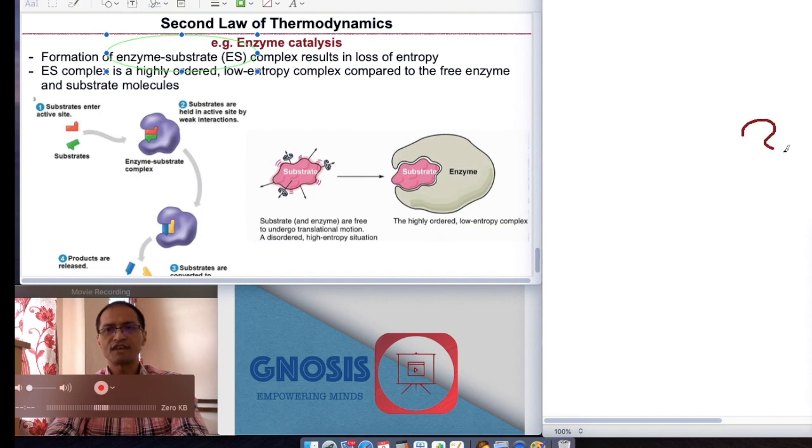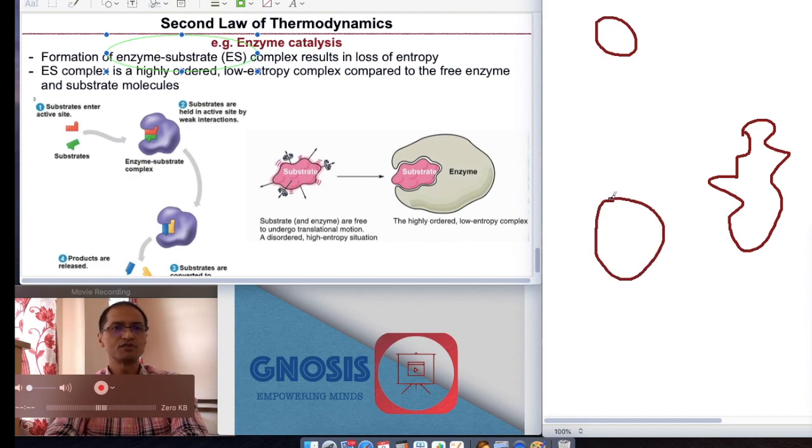if you have free enzyme in solution and you have substrates or reactants in the solution, these reactants along with the enzyme are in a highly disordered state, because there is no order and their association with each other is very random.